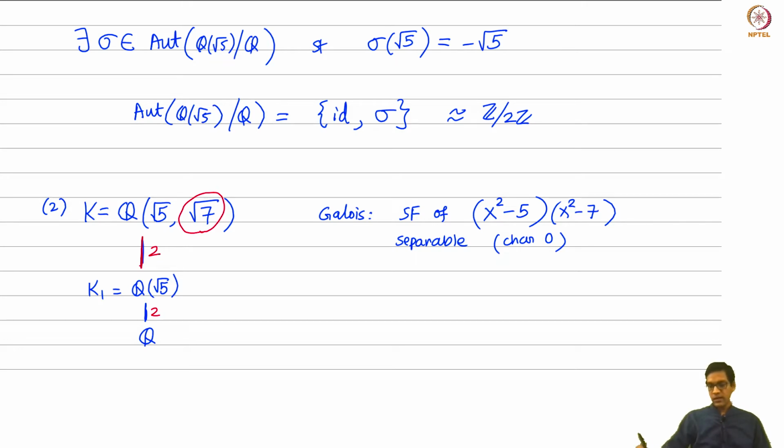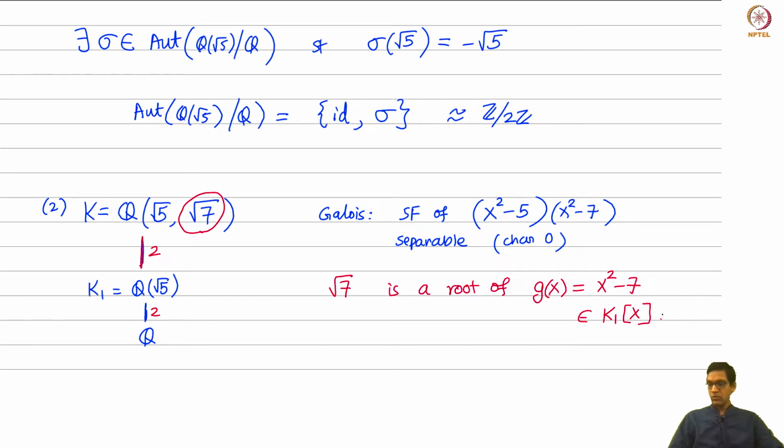Why is that? We have to find the minimal polynomial of square root 7 over the field k1. What polynomial does it satisfy? It is a root of the obvious polynomial x square minus 7, which I can think of as having either rational coefficients or coefficients in k1.